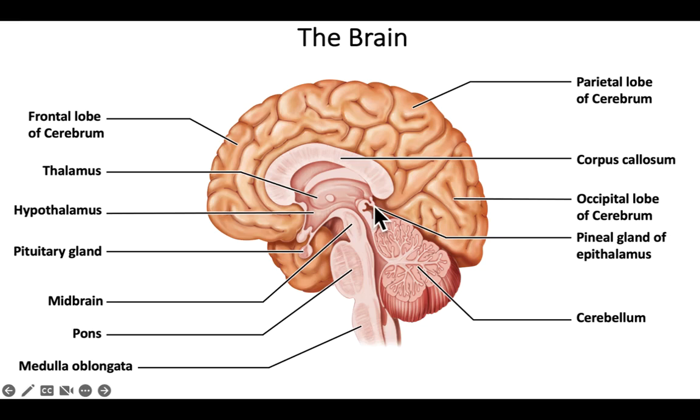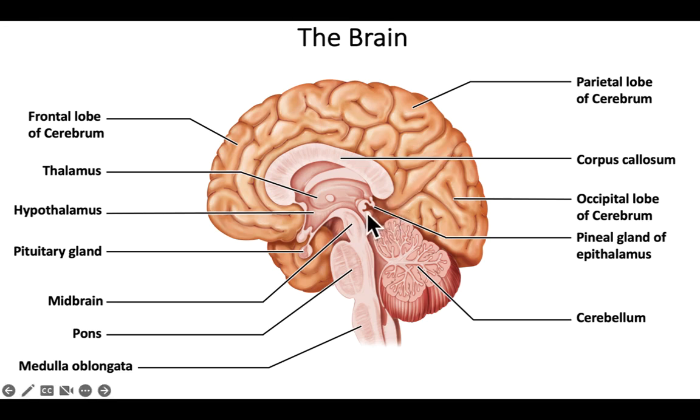I even make the mistake sometimes: don't mistake the pineal gland back here, melatonin, with the pituitary gland down here sticking off the hypothalamus. Midbrain, so this would be the cerebral peduncle here. And then recall we talked about the colliculi. The superior and inferior colliculi are found right here.